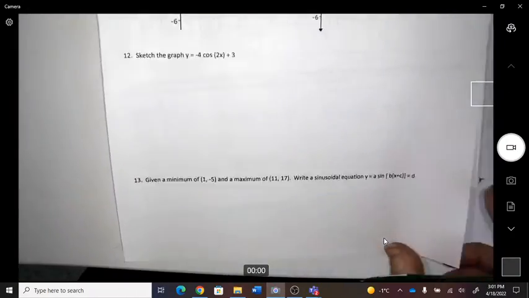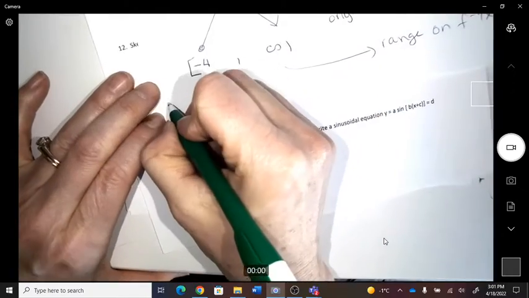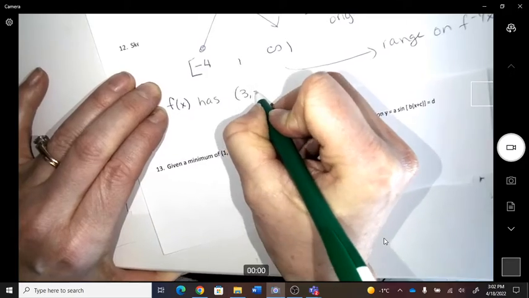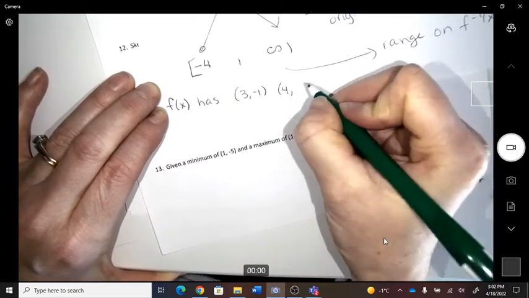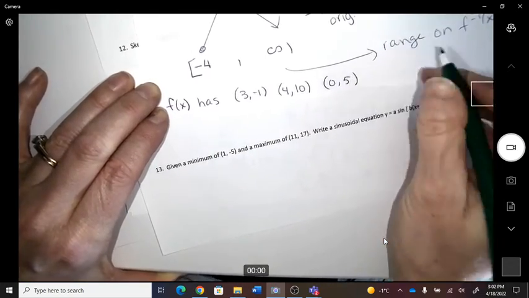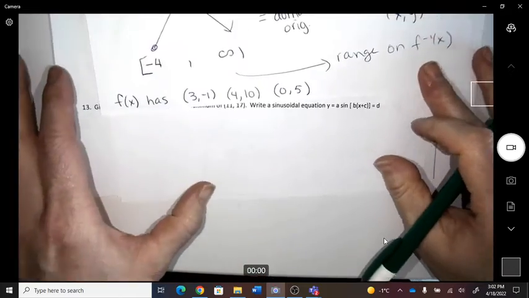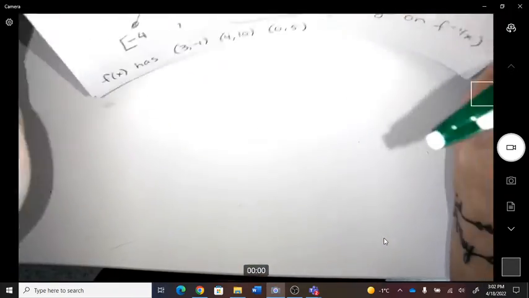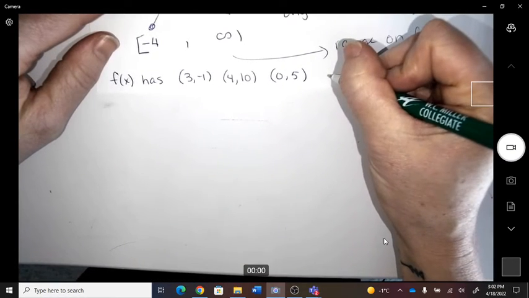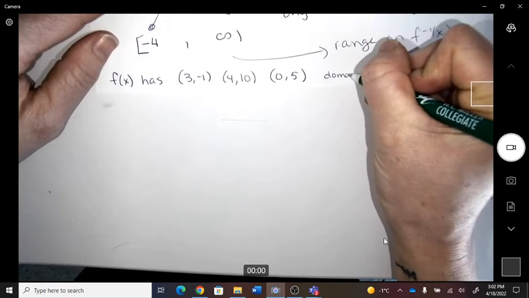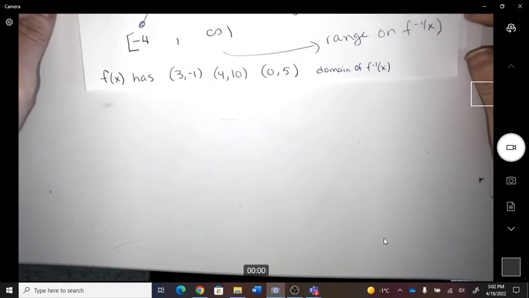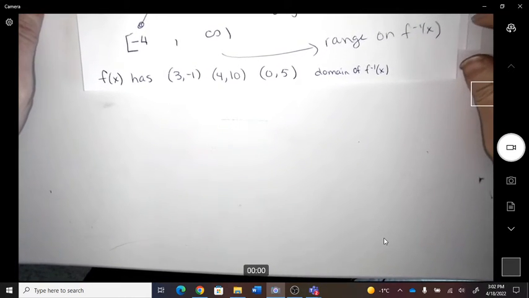Oh, I don't see it here, but I will ask you one of these on the test. If f of x has these points, what's the domain of the inverse? I might ask you something like that. When I say I might ask you, I do ask you.